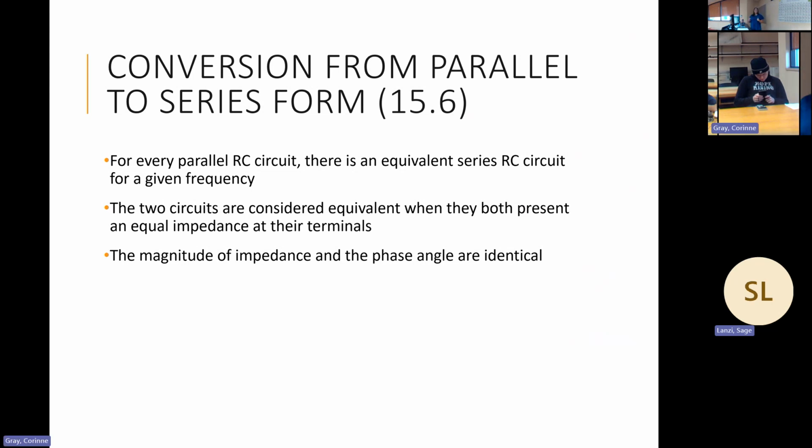That is for both the magnitude and the angle value. Again, depending on the circuit that we have, it might determine which way we want to go. You might want to take parallel and convert it to series, or take series and convert it to parallel, because this will allow us to sum those together.